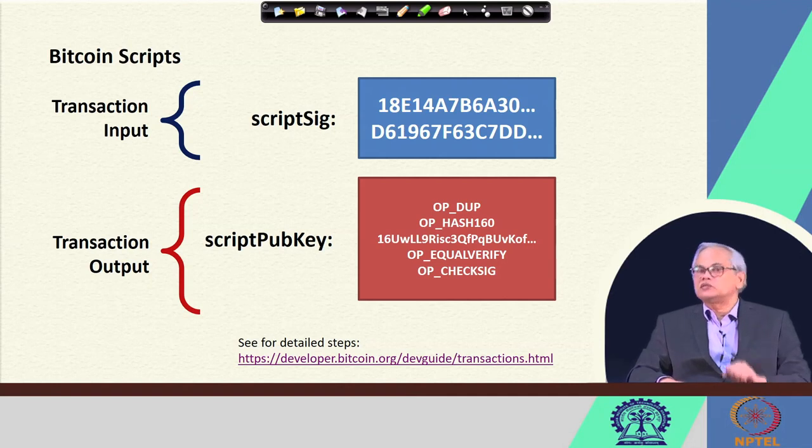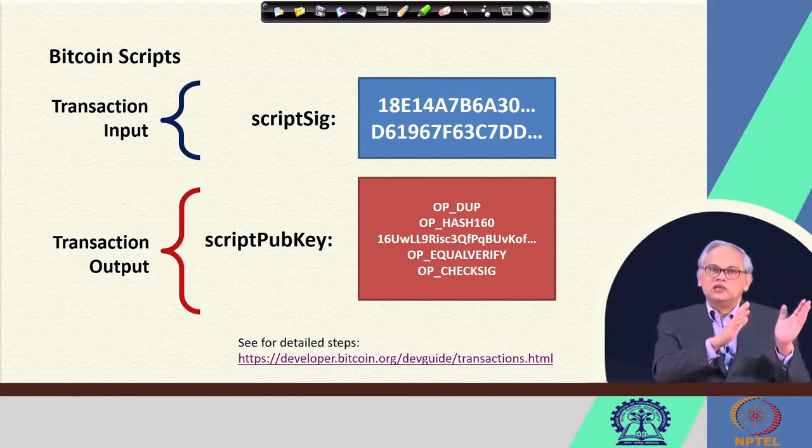And now, what is the transaction input? Bob is now trying to claim those 40 bitcoins which he received from Alice, and claiming means that he would actually be using it for some other purpose, like paying 30 bitcoins to Carol. So, that is when this transaction input will be used.